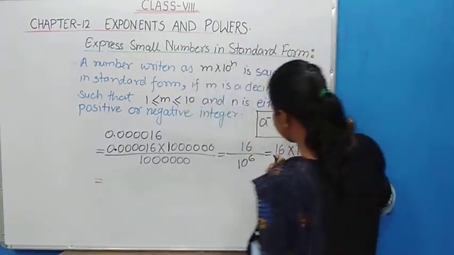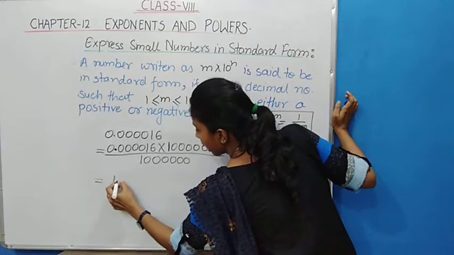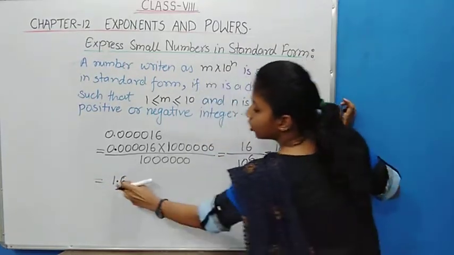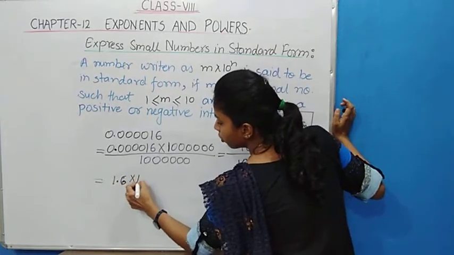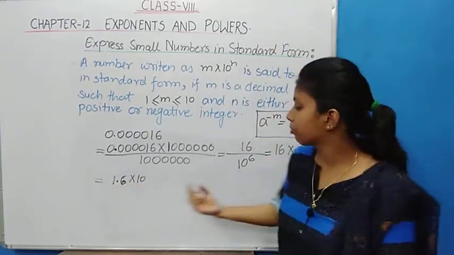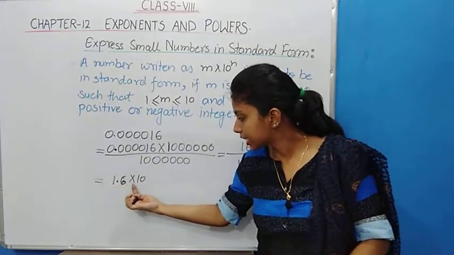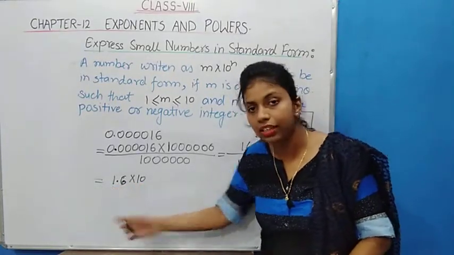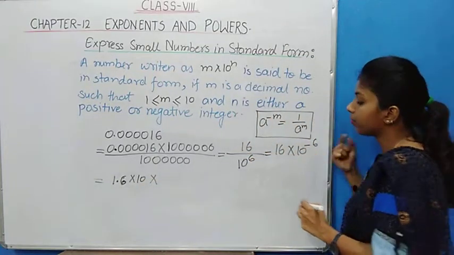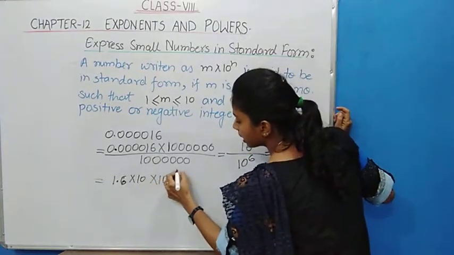We can write this 16 as 1.6. If we put the decimal, what do we have to do? I have to multiply with 10. So now this 16 can be written as 1.6 into 10. This is the same 16. Okay, then we have into 10 to power minus 6.